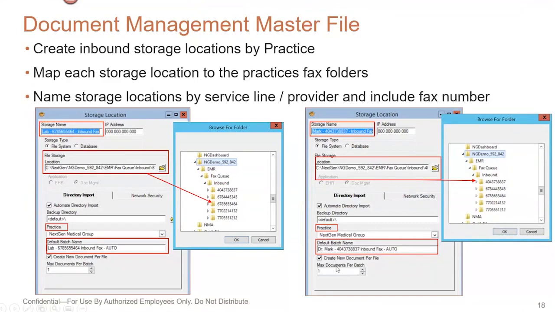So again, giving you that flexibility in the configuration here as well. But this is really allowing you to come into the storage locations and file maintenance to put a human name against that fax that's received into the system, so your folks in document management can manage those faxes appropriately. And then, of course, you link it to those folders that are created from those inbound faxes and their numbers.